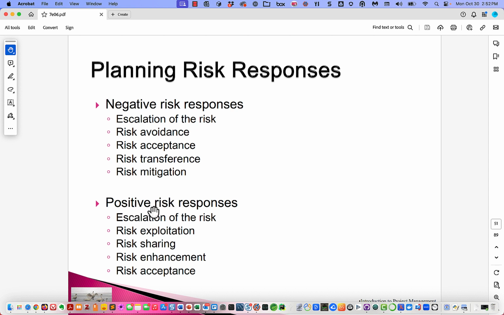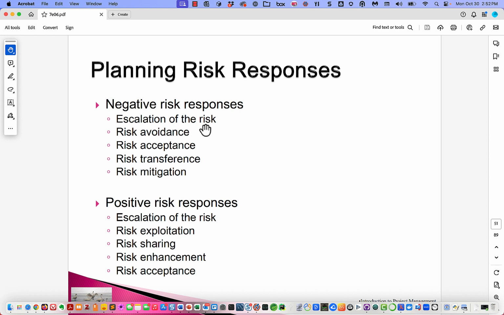Positive risk response is escalation of the risk. Well, we definitely want to be able to do that because we want to double down on positive things, right? Risk exploitation, I'm sorry. Risk exploitation is the doubling down. Sometimes these phrases are so general.